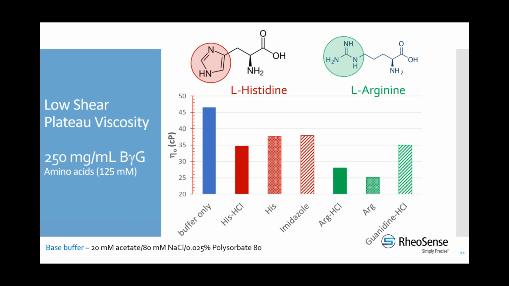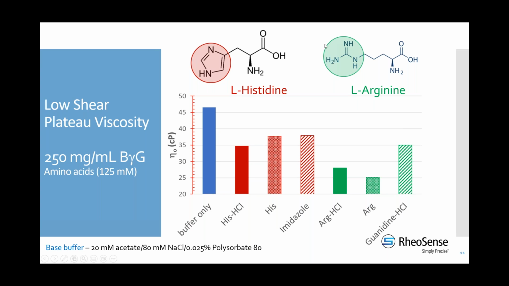In that view, these molecules are basically acting to associate with, say, a hydrophobic domain on a protein, which then prevents that hydrophobic domain from interacting with one on another protein molecule, thereby blocking the ability to form that attractive interaction that could lead to clustering or aggregation.